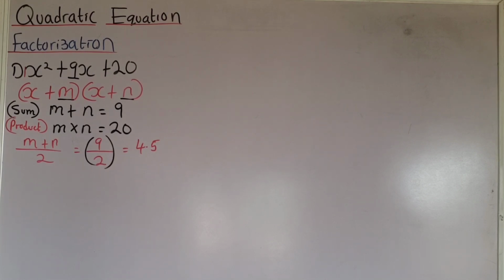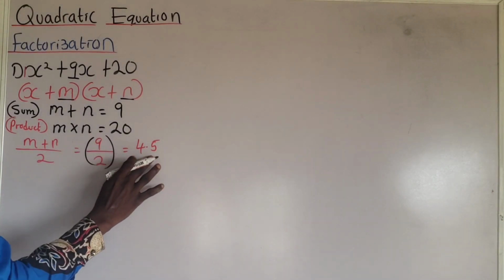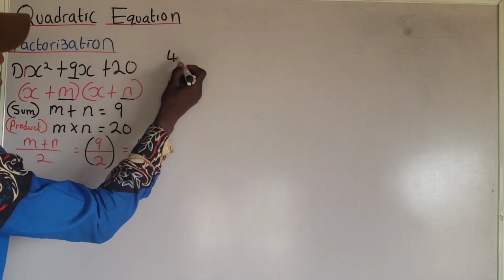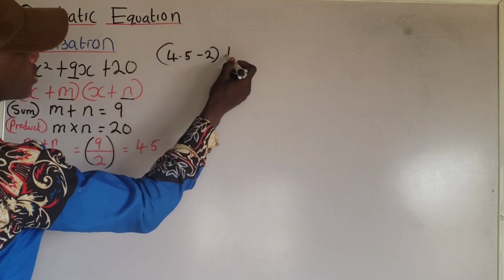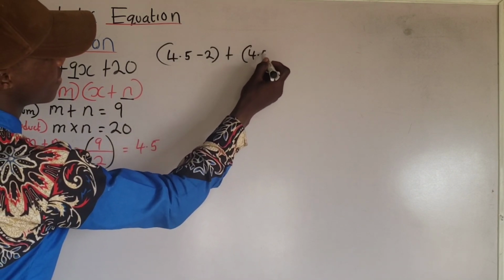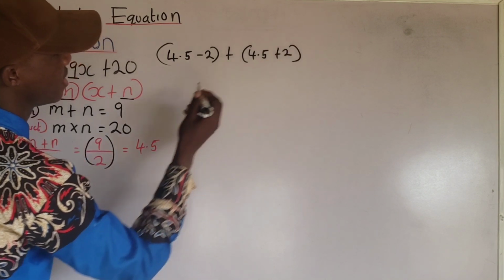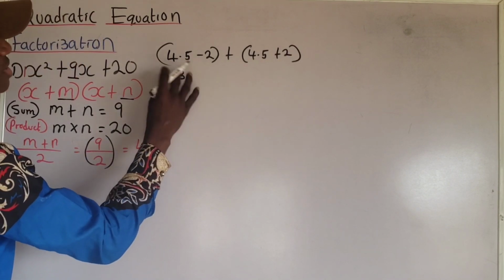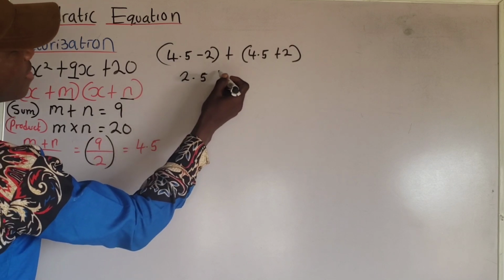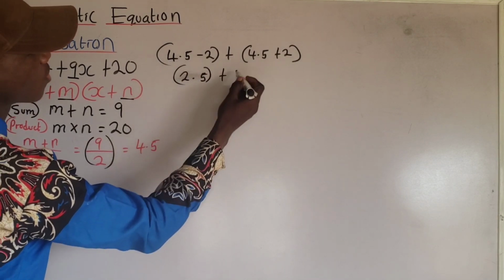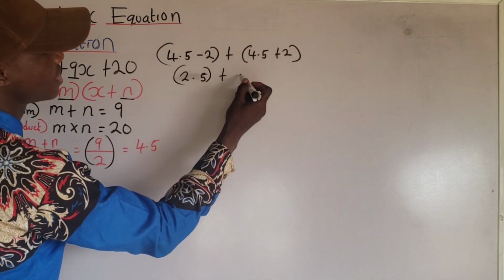Please pay attention. 4.5 minus 2, and 4.5 plus 2. What's the answer? That will give us 2.5, and for the second one, we are going to have 6.5.